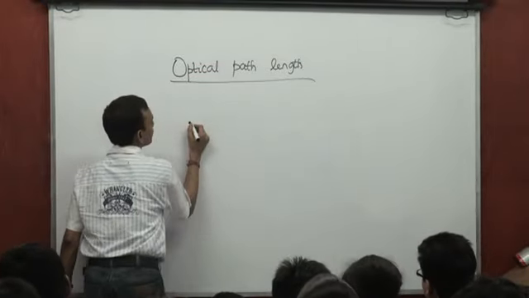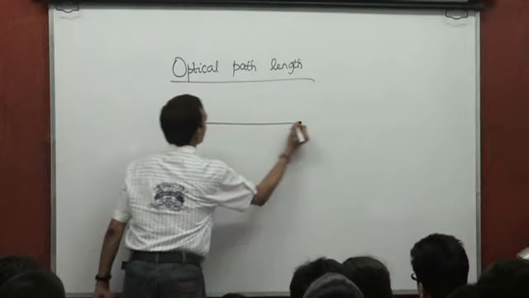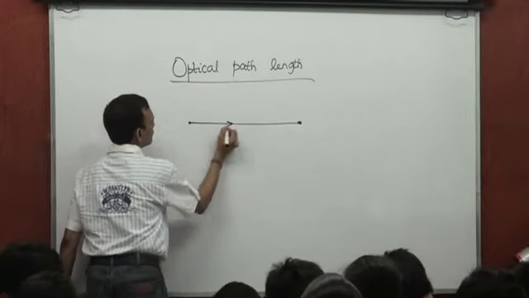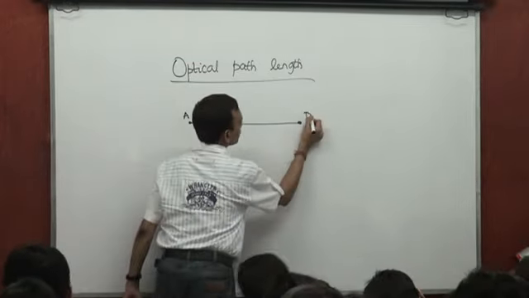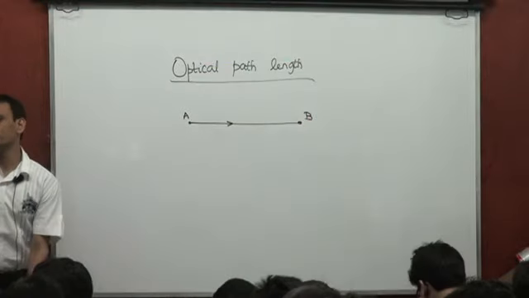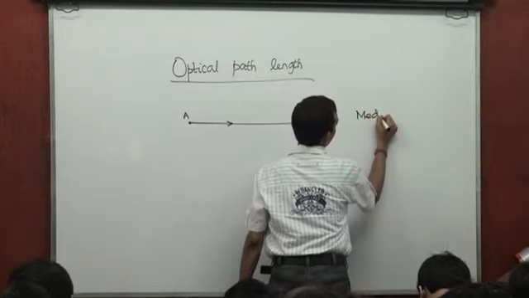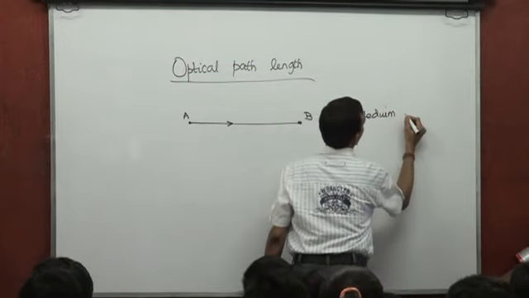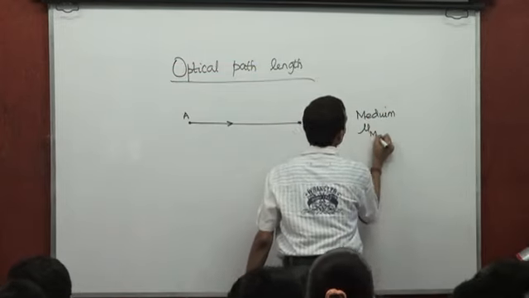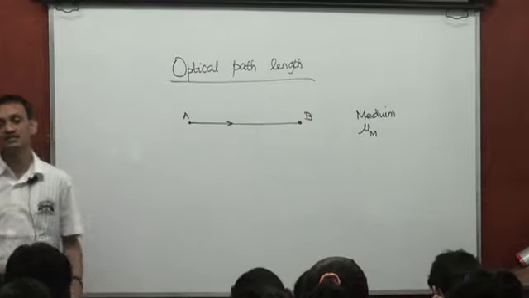Suppose a ray of light travels from A to B in a medium of refractive index mu m.